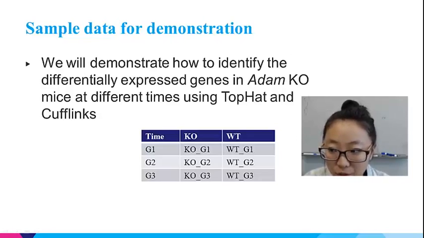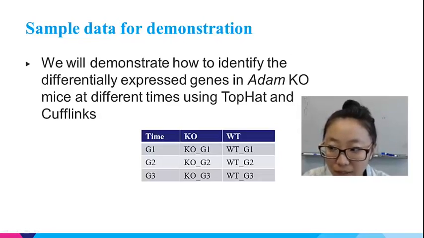When measuring the transcriptome, the most common task is to identify differentially expressed genes between treatment and control experimental conditions. Sometimes the experiments are done at different time points or different dosages, and we would like to know the differentially expressed genes across a series of conditions.